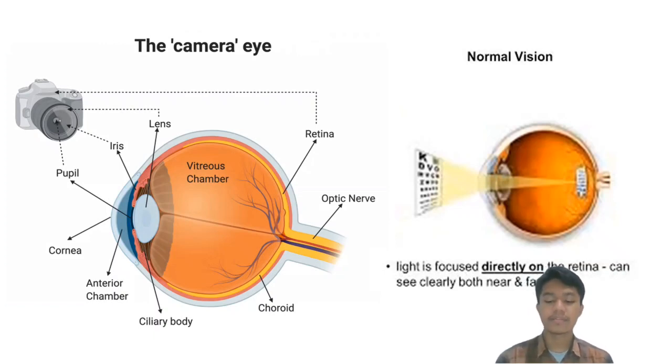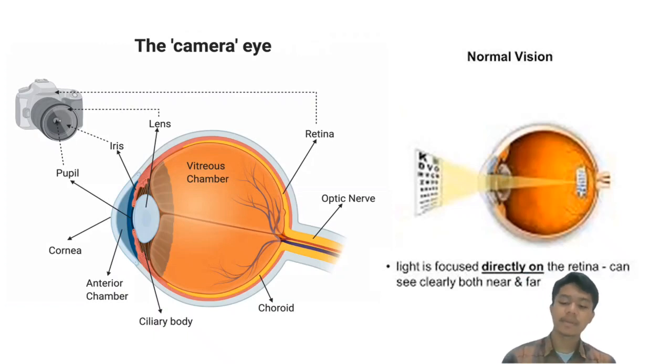Your cornea and lens refract, or bend, the light to bring what you are seeing into focus. Light reaches the retina at the back of our eyes, and the retina changes the image into an electrical impulse or signal. The optic nerve transfers this signal to the part of your brain that's responsible for vision, the visual cortex.